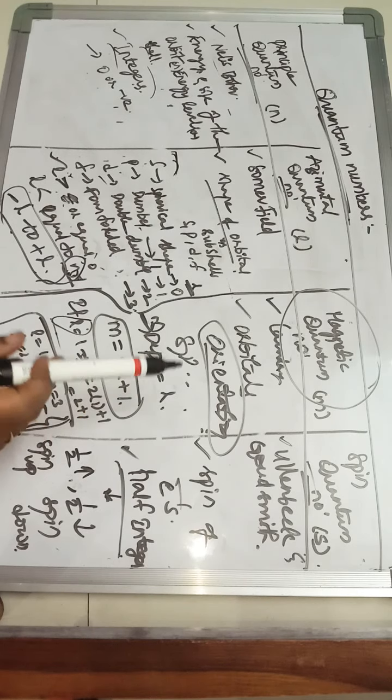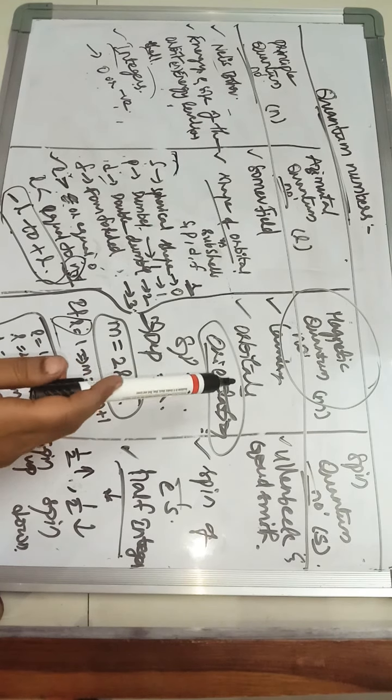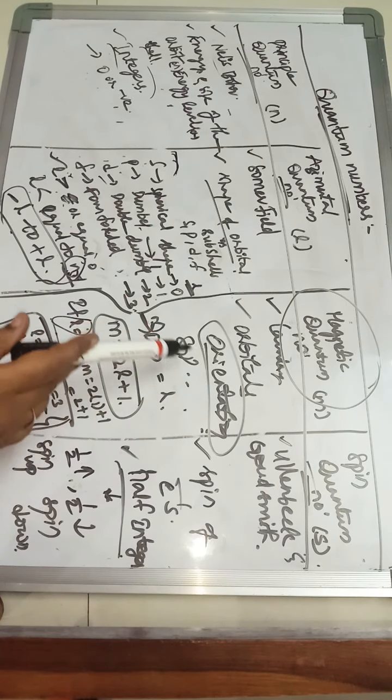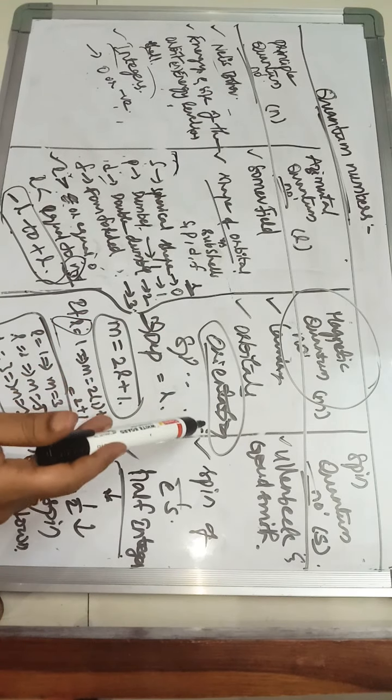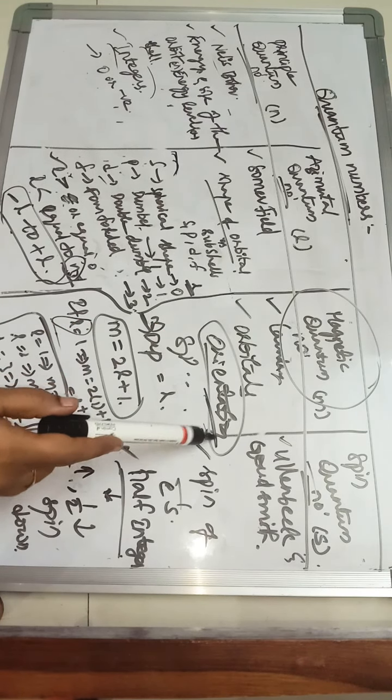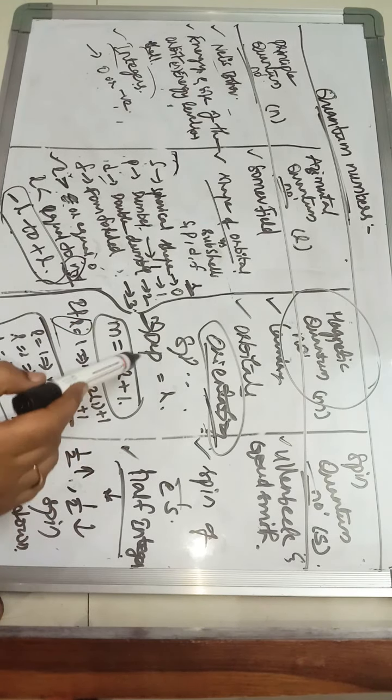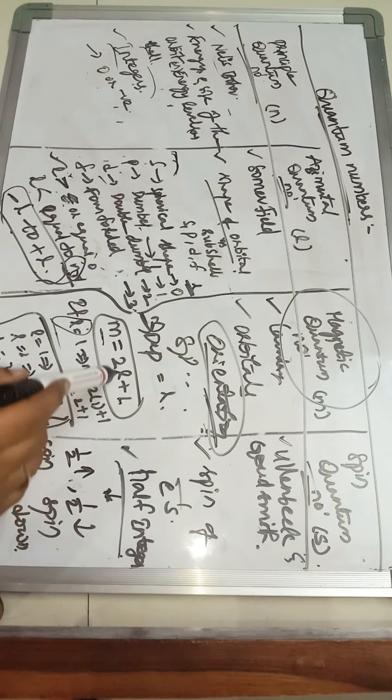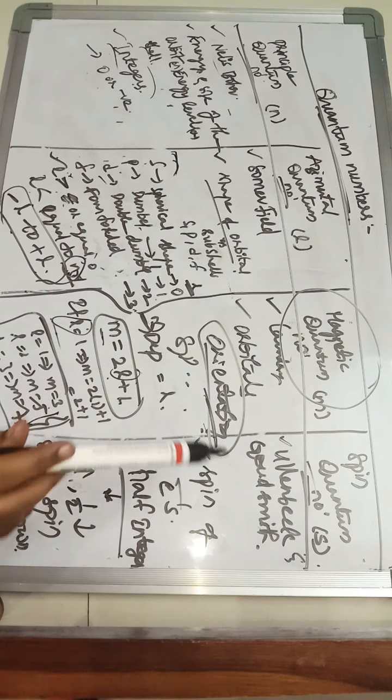Okay, the magnetic quantum number was explained by Landé, and he explained the orbital orientation, and this m value always depends on L value, that means m is equal to 2L plus 1. If L value is 1, then m is equal to 3, like that. The m value depends on the azimuthal quantum number.